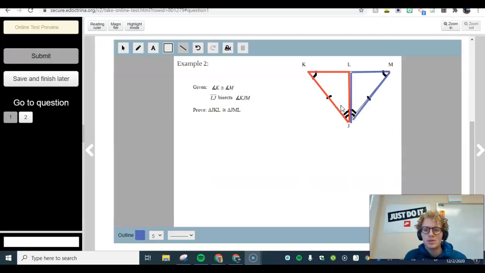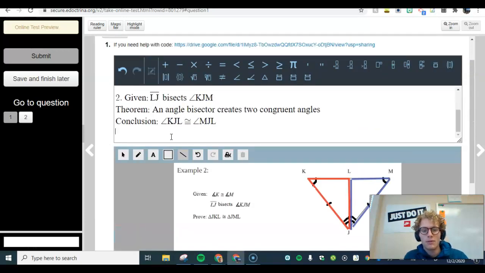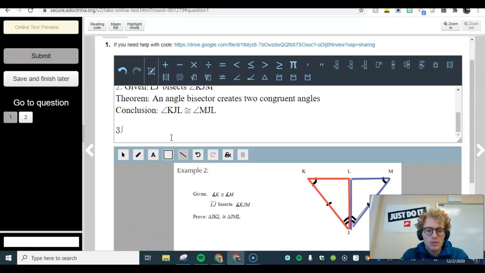So there's my two triangles, and I can see now that I have an angle, a side, and then an angle congruent. So for my last step, step 3, my theorem is going to be that angle side angle is congruent to angle side angle, and therefore we have congruent triangles.